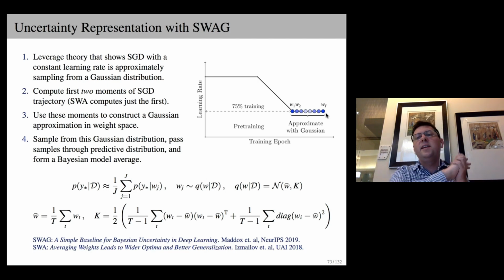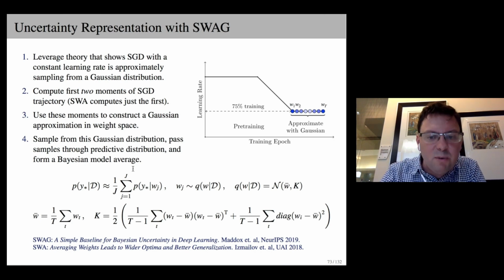Now, in addition to taking the mean of these SGD iterates, we can also come up with a low rank plus diagonal approximation to the second moment, the covariance matrix. And then we can use that to come up with a Gaussian approximate posterior for our parameters, and sample from it to get our simple Monte Carlo estimate of our predictive distribution.